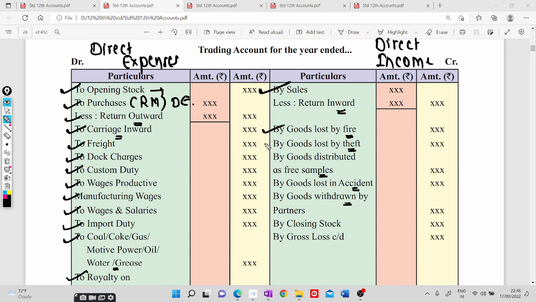In any of these cases, the stock of the firm is reduced, and to reduce the stock, we have to credit the trading account.